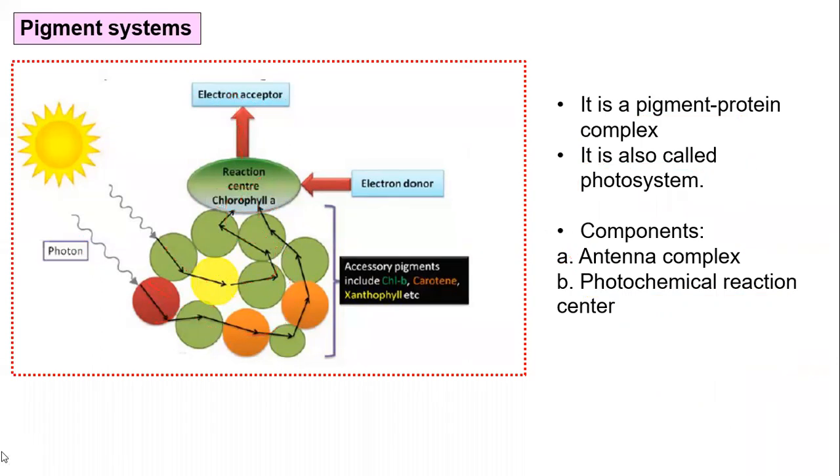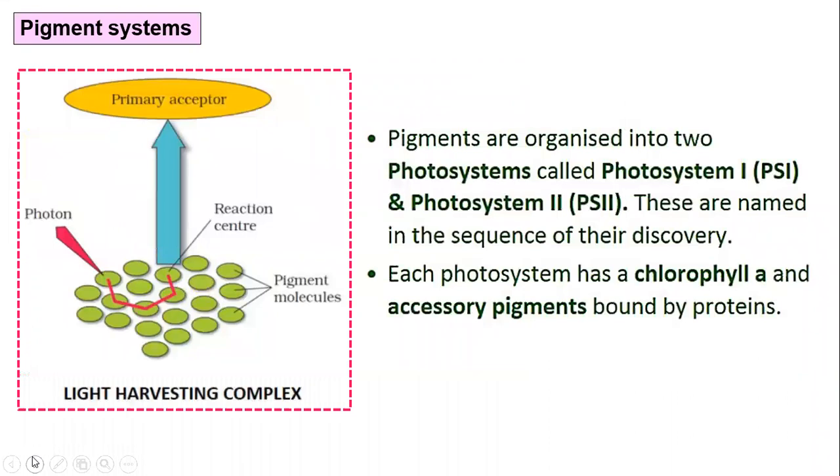In the next class, we will learn which are the electron acceptors, and which are the electron donors as well. Pigments are organized into two kinds, that is photopigment system 1 and photopigment system 2, or simply photosystem 1 and photosystem 2, or PS1 and PS2.